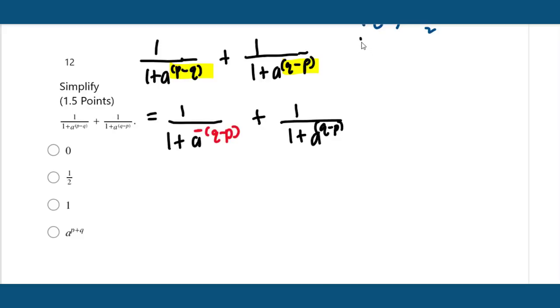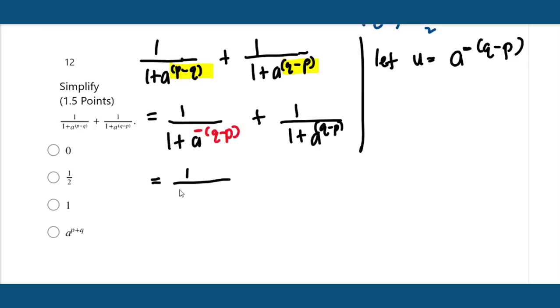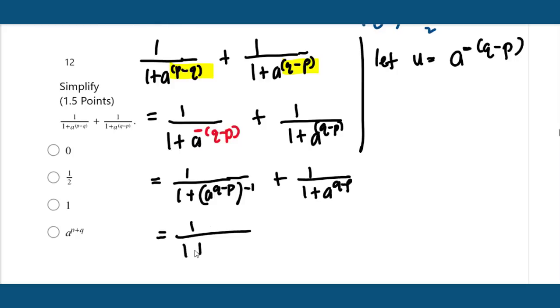So you can let u be equal to a to the power q minus p. Then just substitute: 1 over 1 plus something, so something is u.